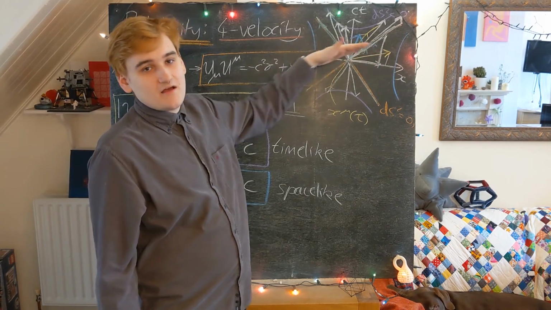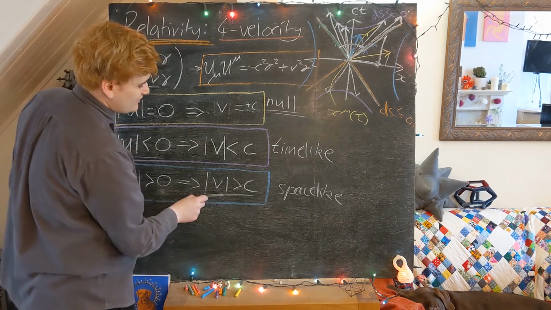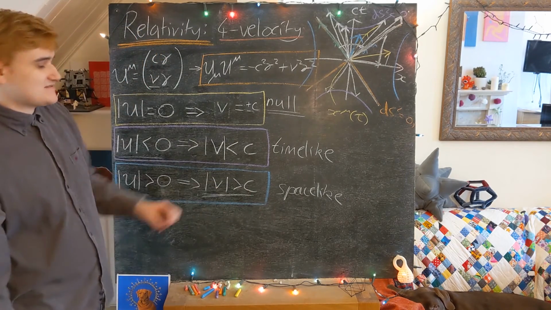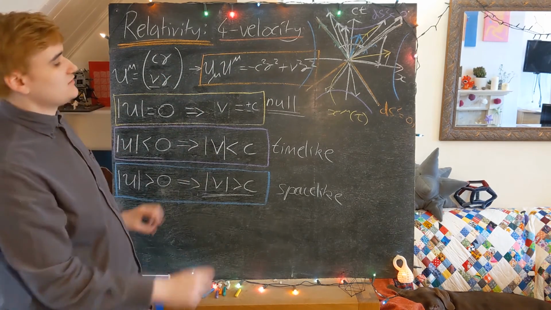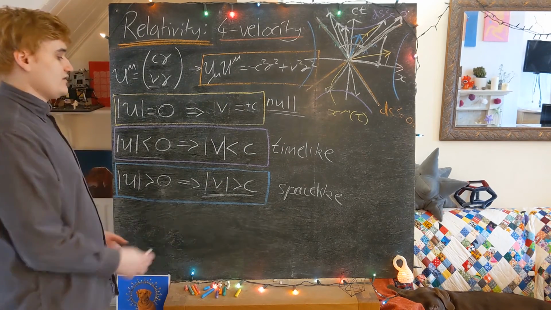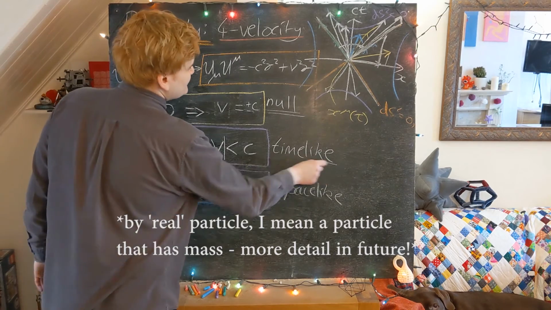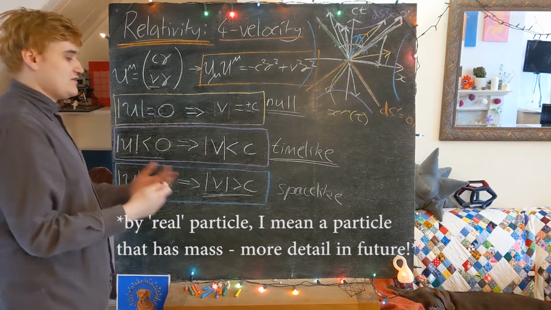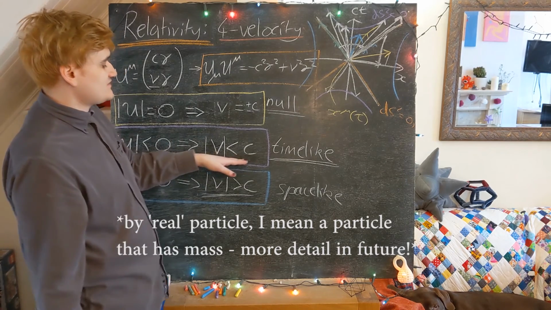Velocities that point outside of this forward light cone, i.e. that correspond to having a coordinate velocity greater than this constant c, we're going to see would correspond to unphysical particles, because what we're going to realise is that if you're a real particle, your world line is always timelike, and you can never have a coordinate velocity that exceeds c.